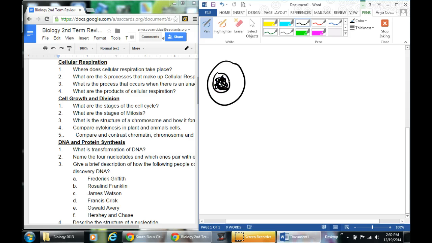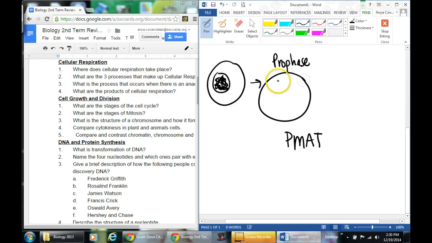And this is so cellular processes can take place, like protein synthesis and different things. When we enter into prophase, and to remember the steps of mitosis, it's PMAT. So prophase, metaphase, anaphase, telophase. Prophase is where in the chromosome we have condensing of DNA. And this is where it wraps around histones and makes little nucleosomes, and we get all of the chromosomes that we are going to have in our nucleus.